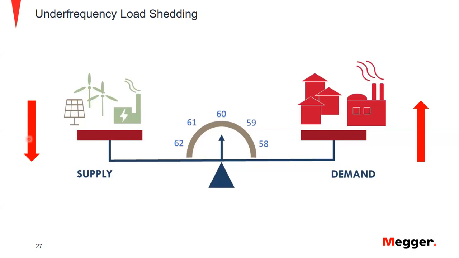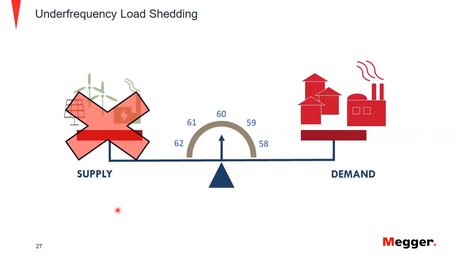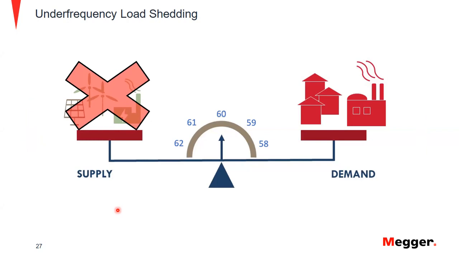We start having issues with cascading effect. We have to start shedding load. We have to start getting everything figured out. So what if the supply went out? If one generator section just goes down, and we're accounting for that generator to supply the load that's requested, and that generator goes down, then the demand is still there.